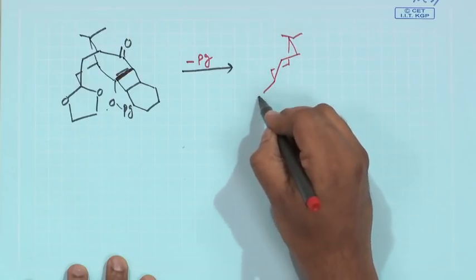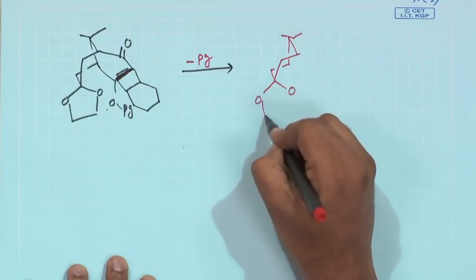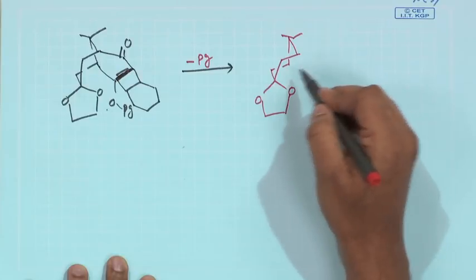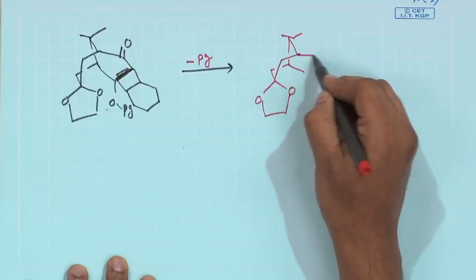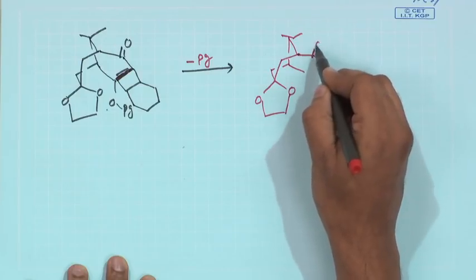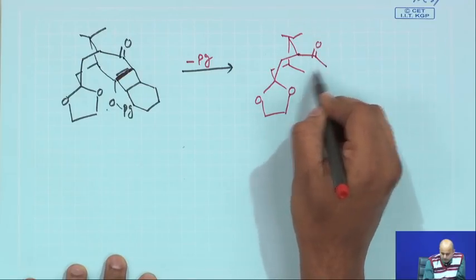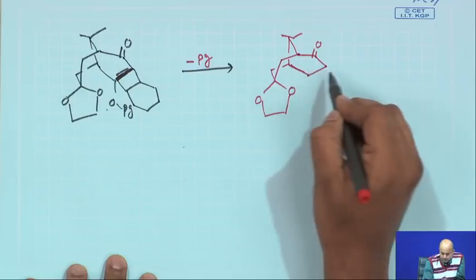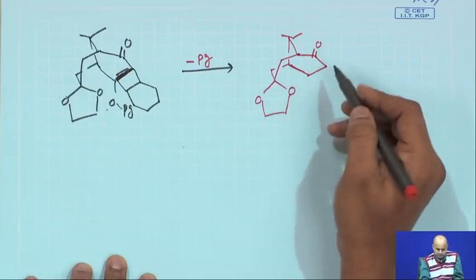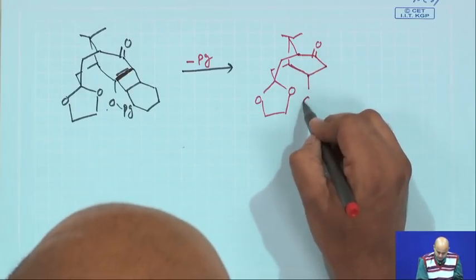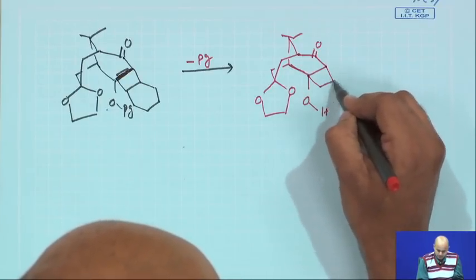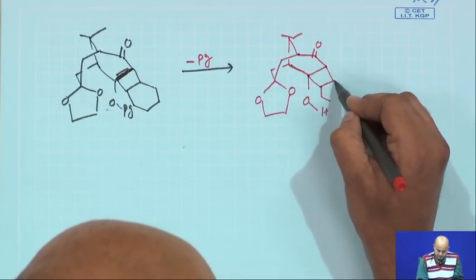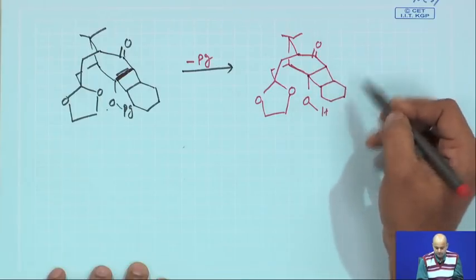This drawing is taking a little bit longer, but it gives you a good exercise in how you can draw different structures. So, now what will it give you? It basically gives you an OH here, and then you have this cyclobutane, and then this cyclohexane.